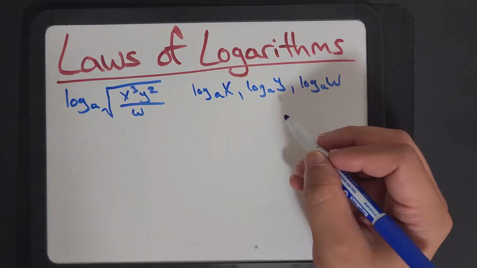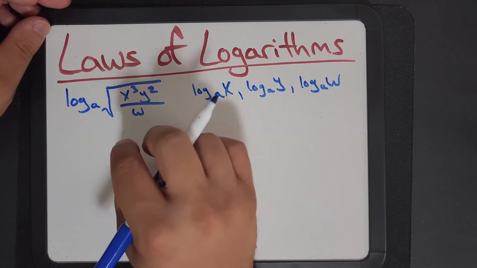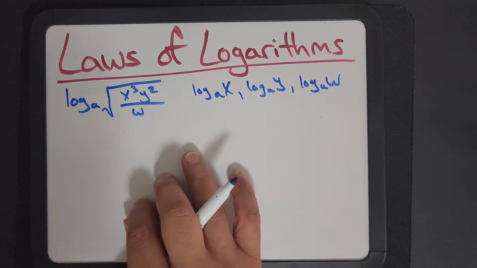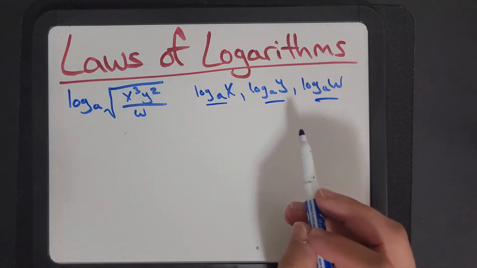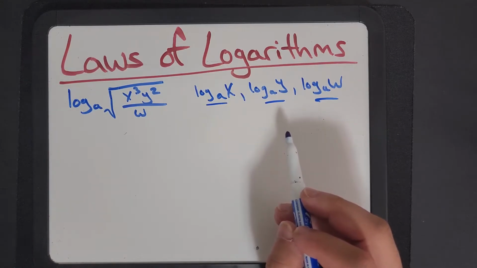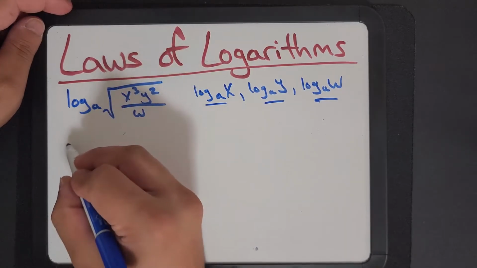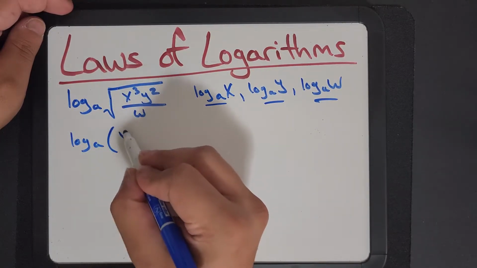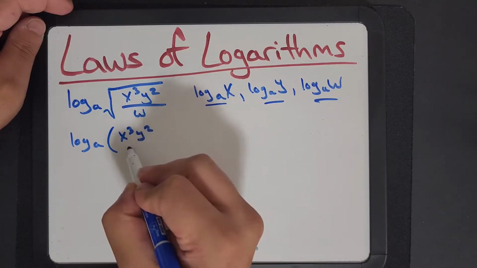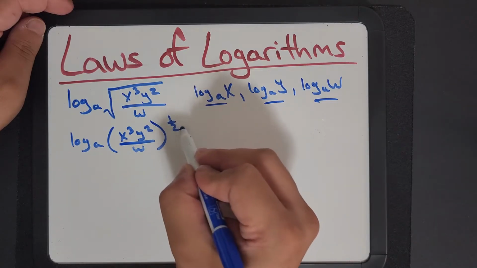So let's start doing this. I want to basically disassemble this entire thing and rewrite it in terms of 1, 2, and 3. So the first thing I'm going to do is take this exponent here, log a, and then x cubed y squared over w to the power of 1 over 2.